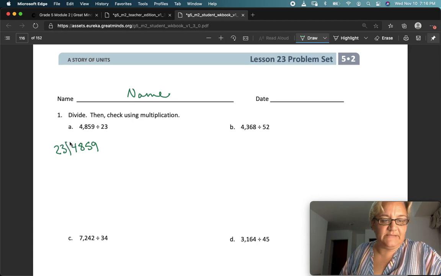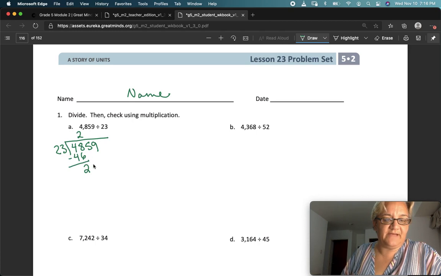So let's see. 23 times 2 would be 46. I know that because 3 times 2 is 6 and 2 times 2 is 4. So if I put 23 into 42 2 times, I'm going to get 46 here. Then I'm going to subtract, and I have 2 there, and I'm going to bring down the 5.